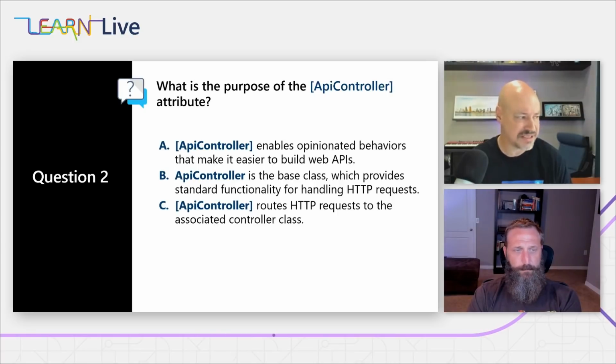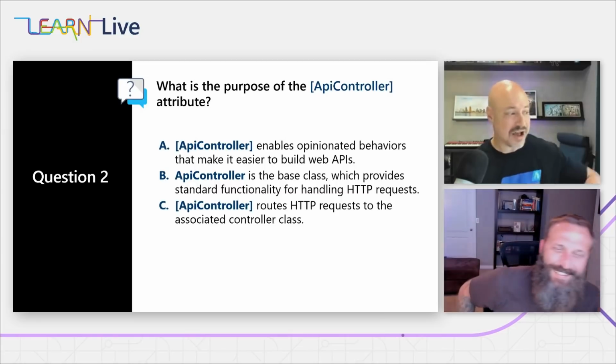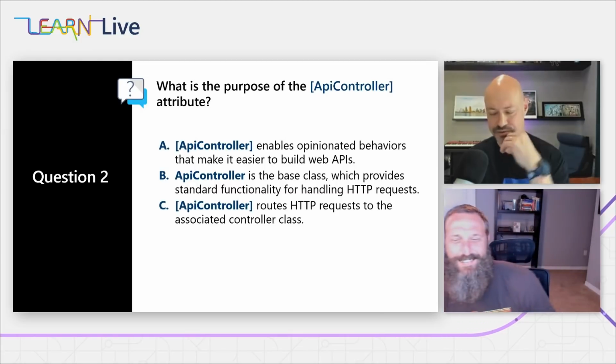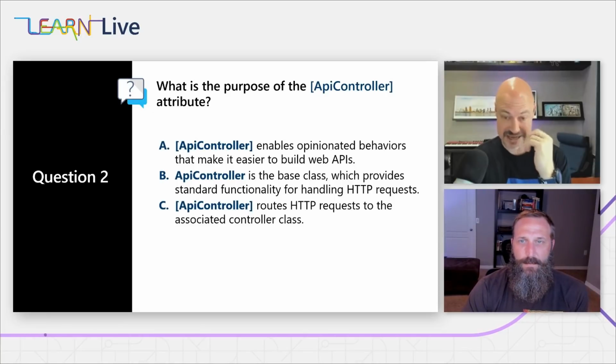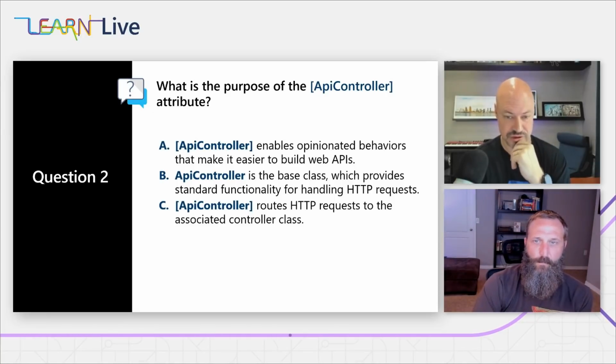Controller base is the base class, and API controller is an attribute, not a base class. So we're going to cross B off the list. What do you think about C? I think C is a trick. I'm going to cross C off the list. We did talk about something that routes HTTP requests to associated controller classes, but that's actually routing. That's the route attribute and not the API controller attribute.